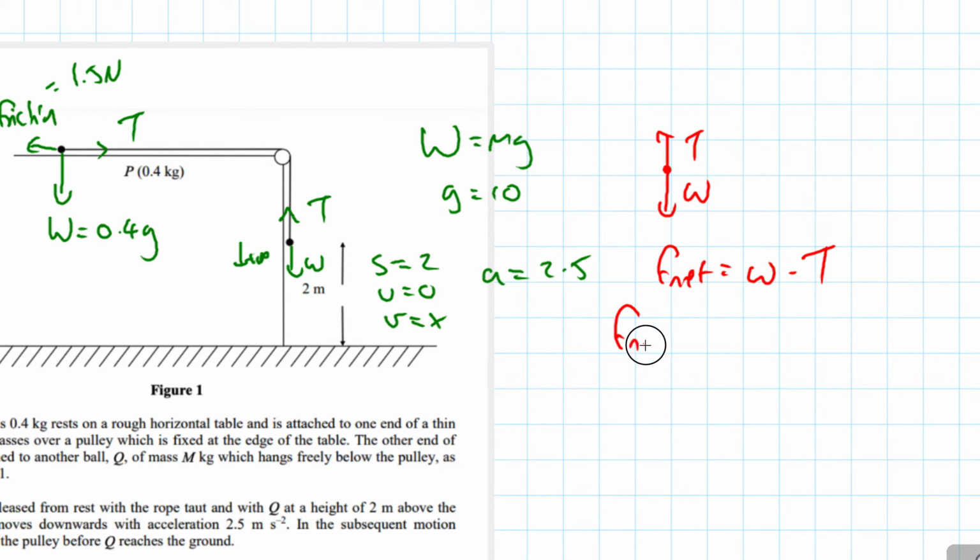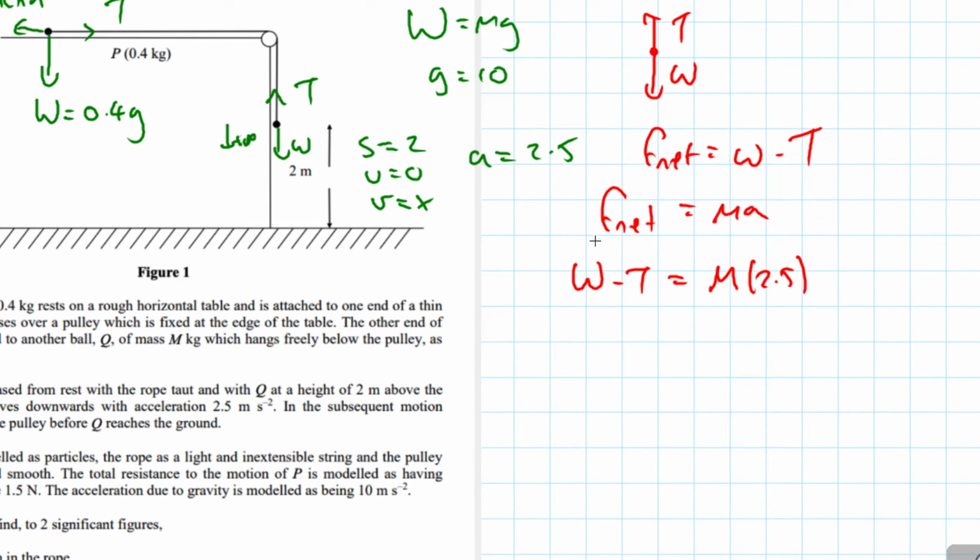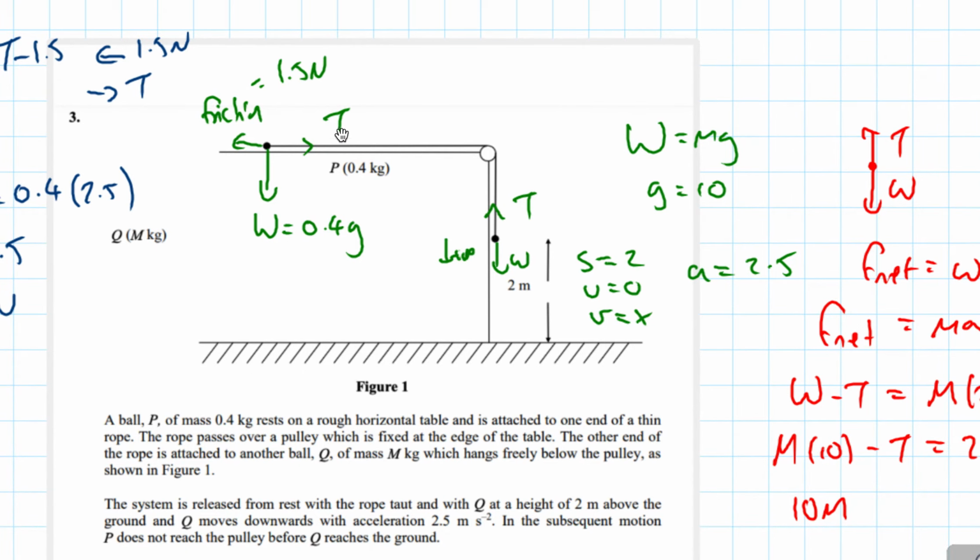And we know that F net is equal to ma, so the weight minus tension is equal to the mass, which is big M, times a, which is 2.5. The weight is equal to Mg, so that's M times 10, because we don't know the mass of Q, minus T equals 2.5M.